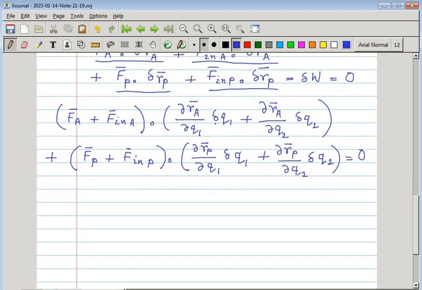Now we separate out the coefficients of del q1.